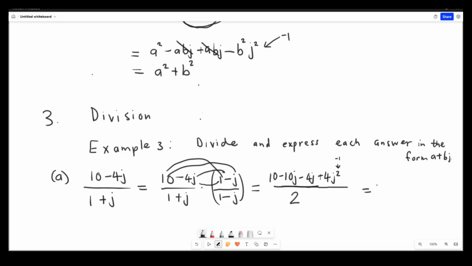And then we'll have 10 minus 4, which is 6, and minus 14j. The whole thing becomes minus 4 because j squared is minus 1. So 10 minus 4 is 6.